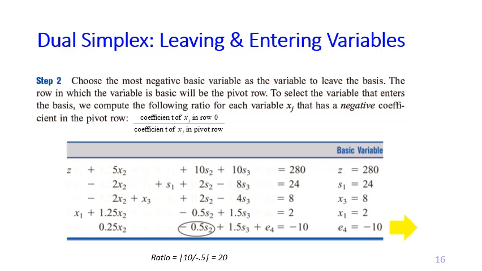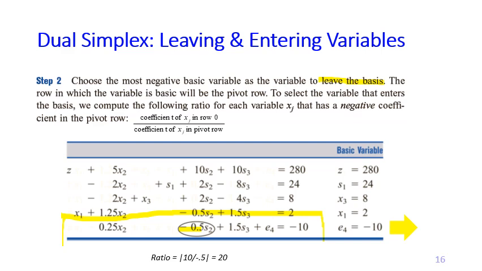We have a negative right-hand side, and then we pick the most negative basic variable at the right-hand side to become the leaving variable. Here it is E4 as the leaving variable. Then we look at this row and look at all variables that has a negative coefficient. Here we have S2 with the coefficient minus 0.5.